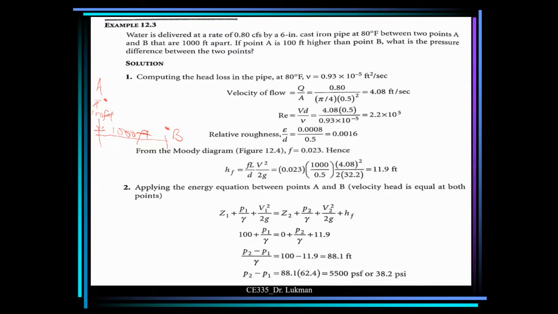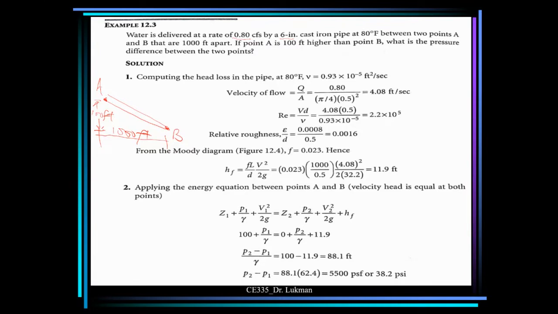What is the pressure difference between 2 points? Okay, so what is the difference in pressure between the 2 points? And we are to use a pipe, and the flow rate is 0.8 and the size is 6-inch.